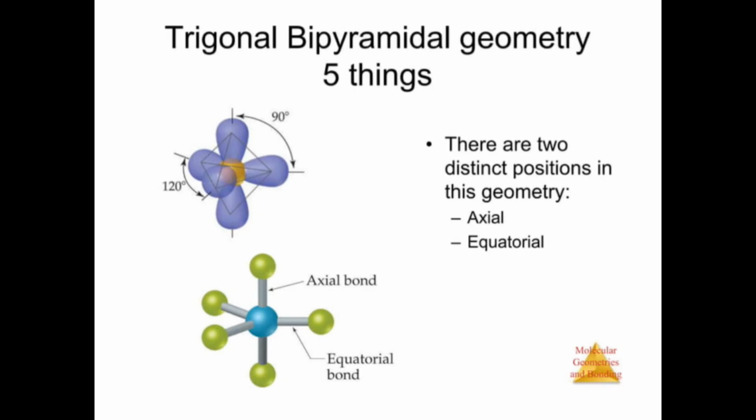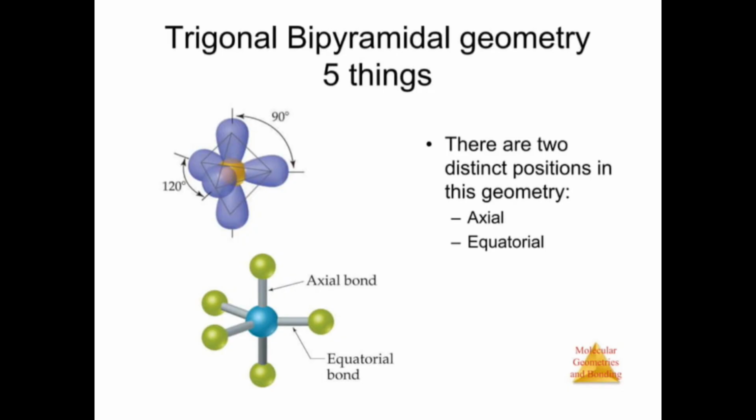Now we can look at trigonal bipyramidal, when it has 5 things. There are 2 distinct positions where we now start to advance under trigonal bipyramidal. Now there are 2 distinct positions that we can have in this geometry. We can have an axial position. Of course, this is only applicable to trigonal bipyramidal, or geometry that has 5 things.